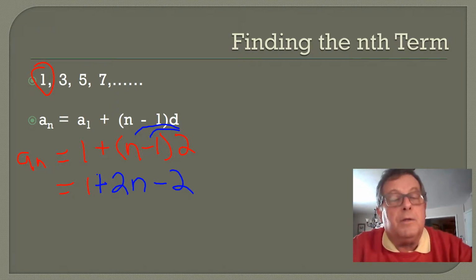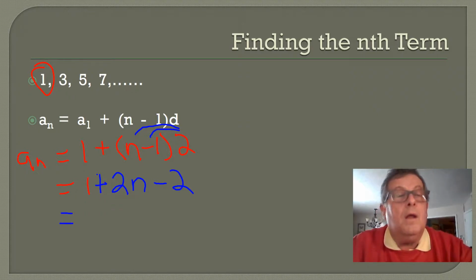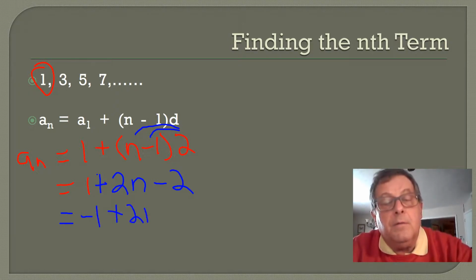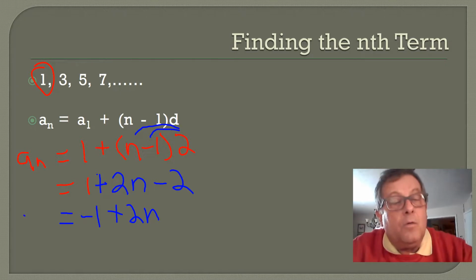All right, now I'm going to look to combine like terms. I've got two like terms: a positive 1 and a negative 2. 1 minus 2 gives me minus 1 plus 2n. And that's all going to equal a sub n.